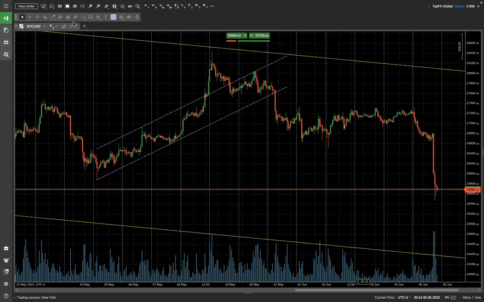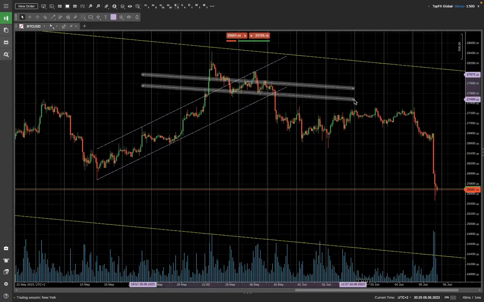One more thing I would like to show you. Maybe it might not be perfect, but still it might have some usefulness, let's say, for the analysis and for the trading principles. Okay, this is the equidistant channel, and this is the channel to the upside.